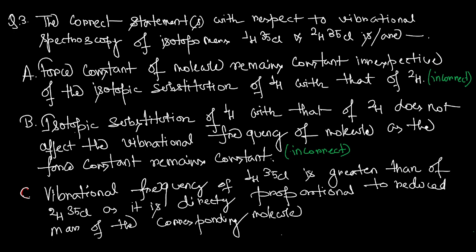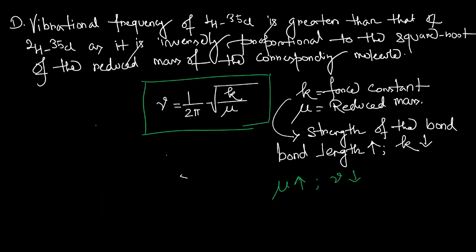Now looking at the option C: the vibrational frequency of 1H35Cl is greater than that of 2H35Cl, as it is directly proportional to reduced mass. As I mentioned here, this nu is inversely proportional to the square root of the reduced mass, and mu of 2H35Cl is greater than mu of 1H35Cl.